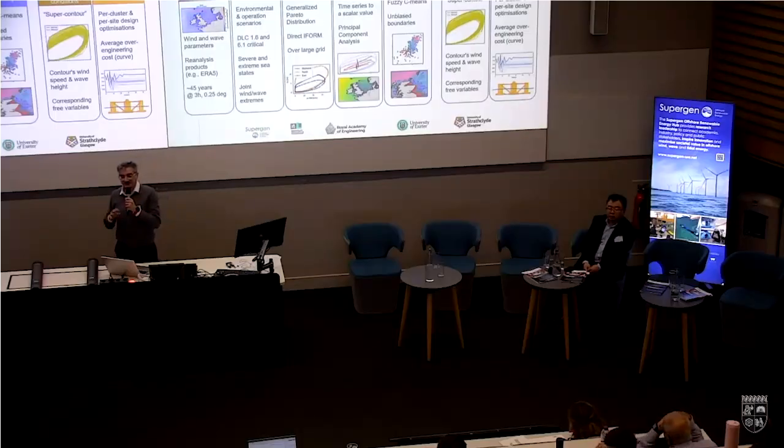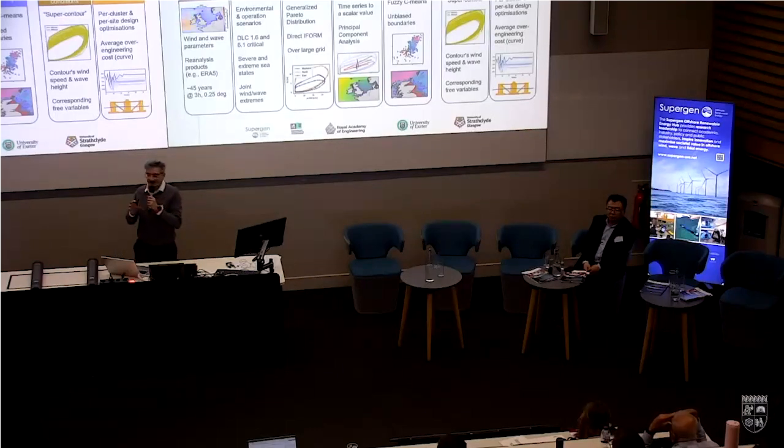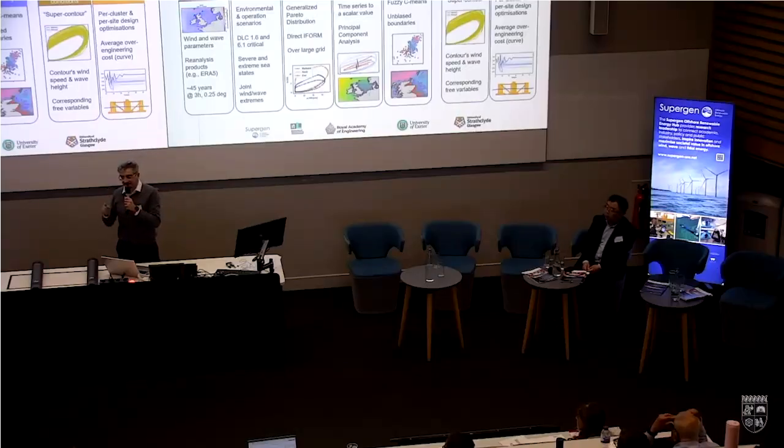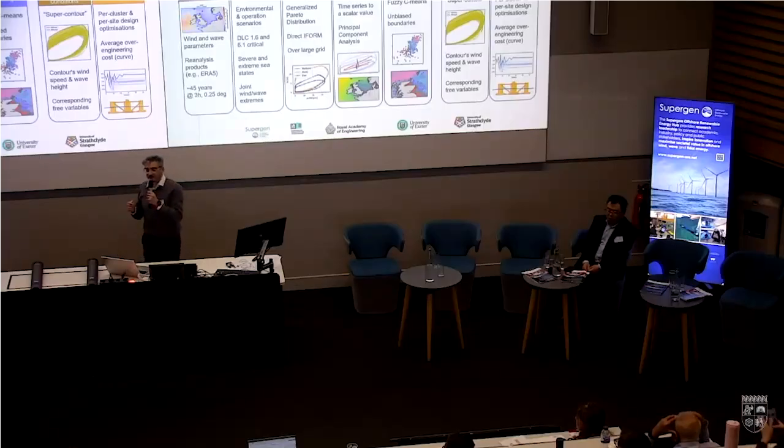So you are able to cluster areas of the sea based on similarities for a range of conditions, not only wind speed and turbulence level like a wind class, but also significant wave height, wave period, wave direction, and wind direction. So you may cluster areas of the North Sea and beyond based on similarity of these conditions. Beyond that, we also pushed it a bit further and started to quantify the over-engineering costs. That's the application, if you want.